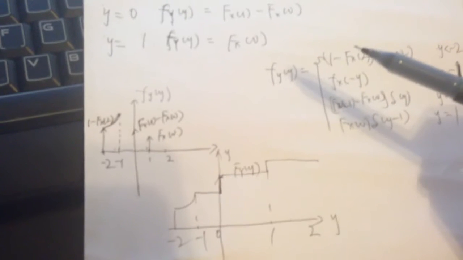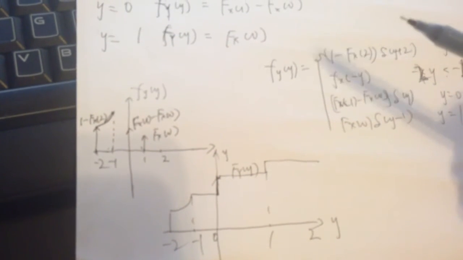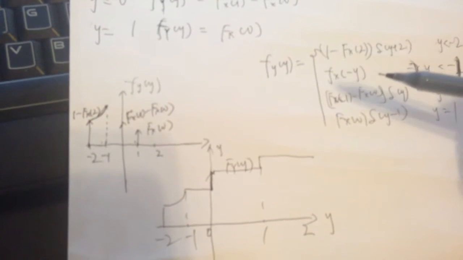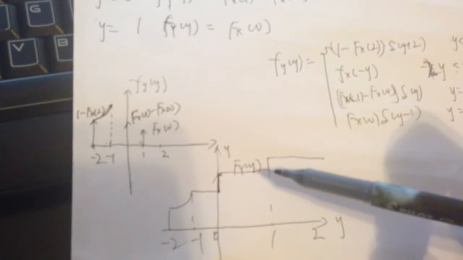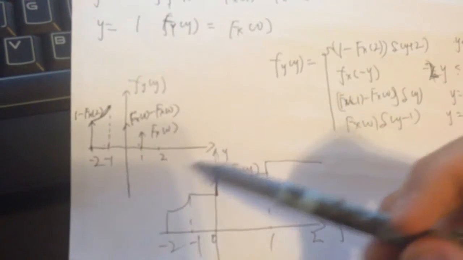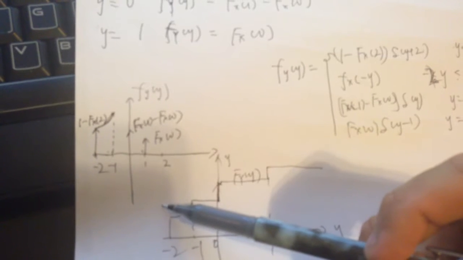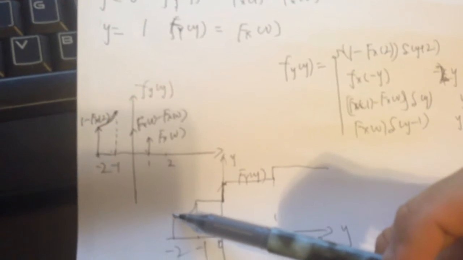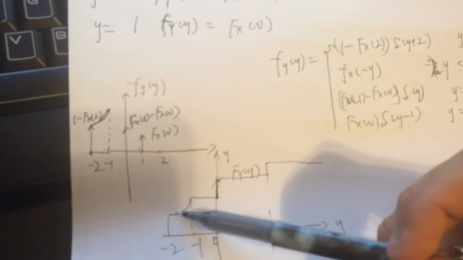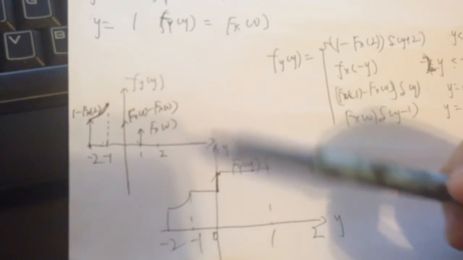And then according to the small fy of y, we can also draw the capital Fy of y. When y is minus 2, the value is 1 here. This value is 1 minus fx2, and it goes this way, just like small fy of y.